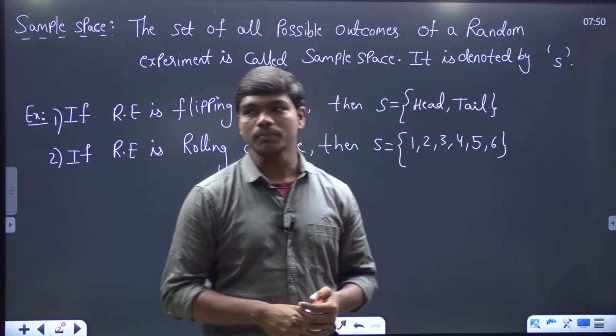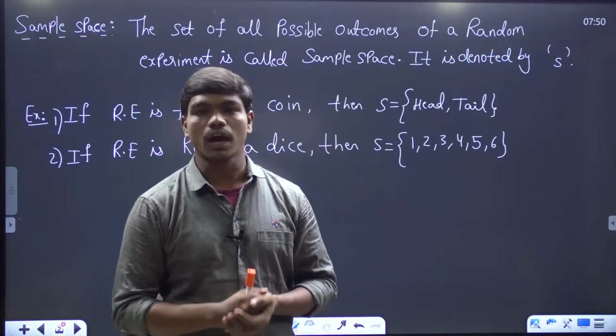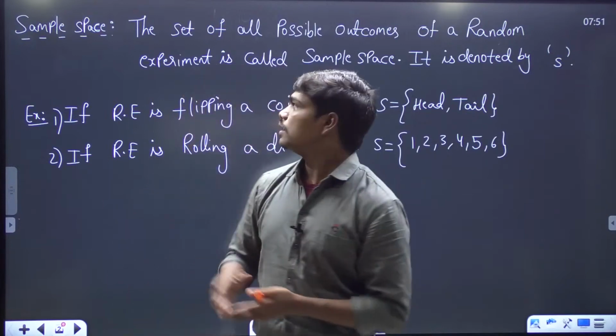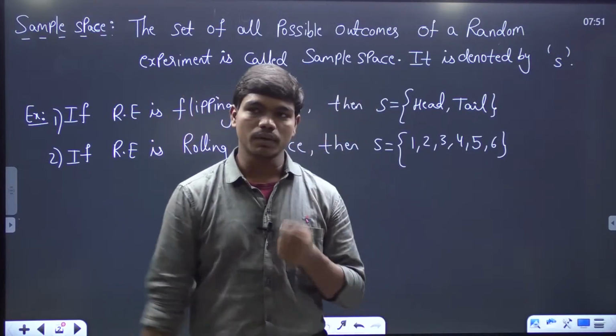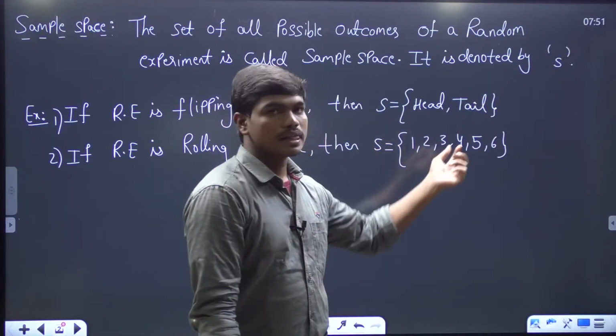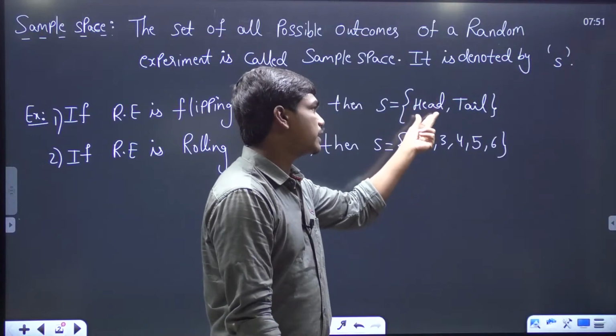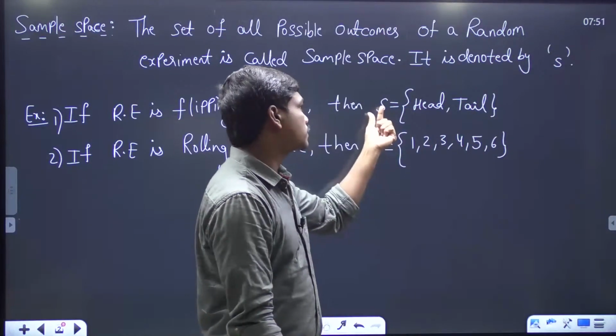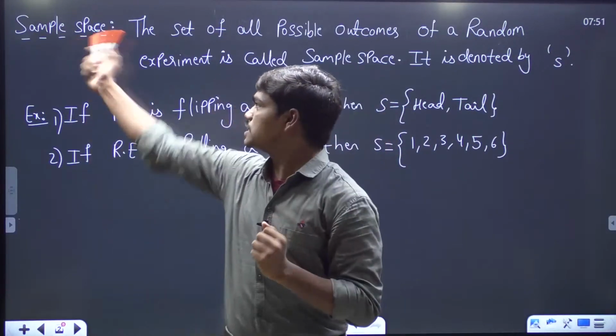So sample space is nothing but the set of all possible outcomes in a random experiment. For example, if you are flipping a coin, there are 2 possible outcomes, correct? What are they? Head and tail. So we write all these outcomes, head and tail, in a sample space, and we denote the set containing all the outcomes with this S, where S corresponds to the sample space.